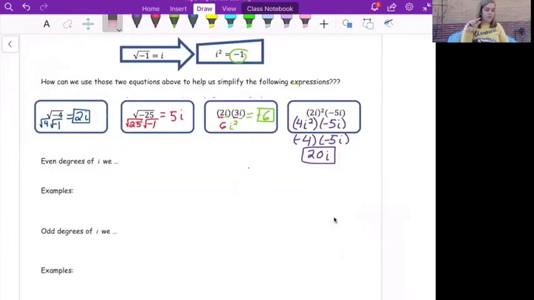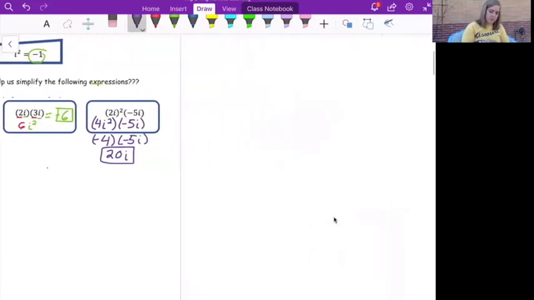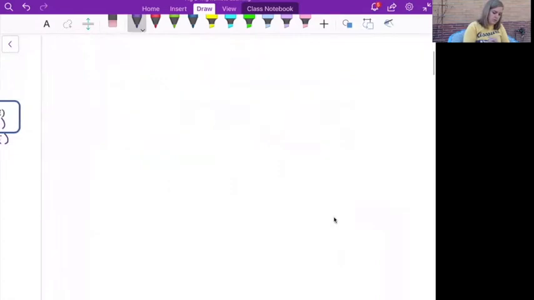So my graphic of the little arrows with the patterns of I did not show up, but when we have I equals the square root of -1, we know that I squared equals -1.